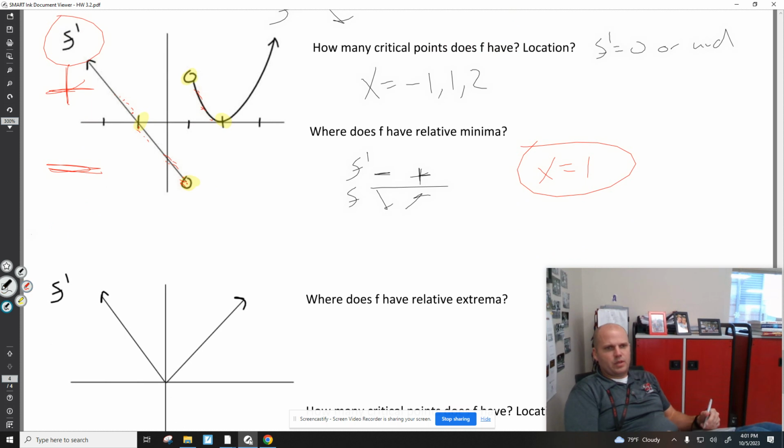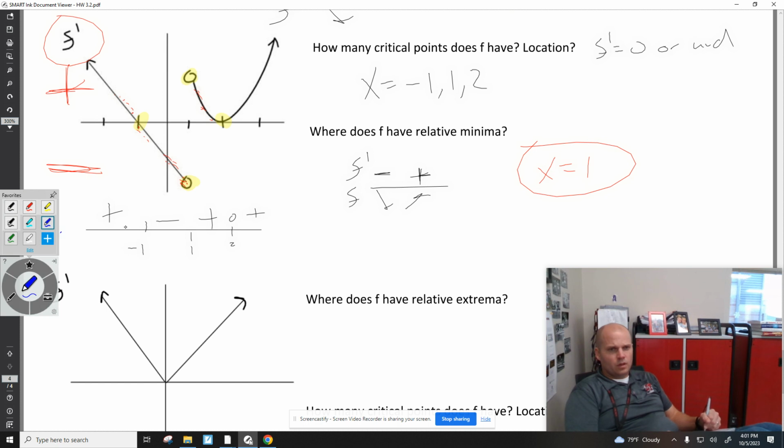What would the sketch be? Why don't we do this real quick? Positive values until -1, negative values until 1. Very sharp change to positive values, flattening out positive values. So I'm thinking this is what the graph would look like. F is increasing, flattening out, and decreasing.